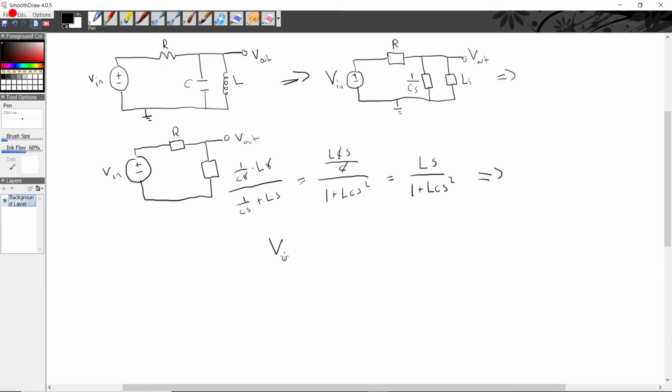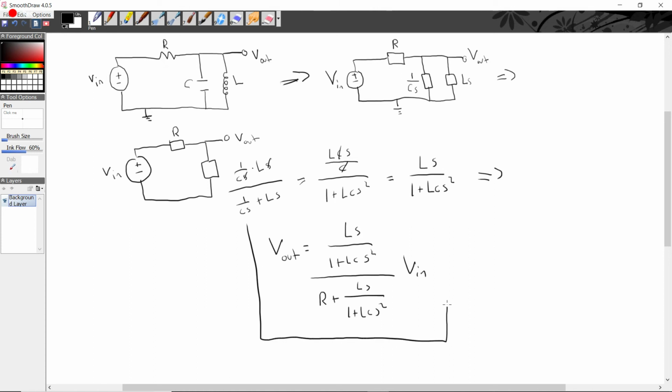So V out should be equal to Ls over 1 plus LCS squared, all over R plus Ls over 1 plus LCS squared, times V in. Okay, cool. Now we're able to relate input voltage to output voltage in the complex impedance domain.